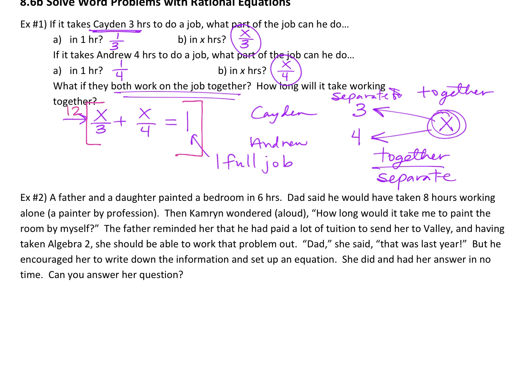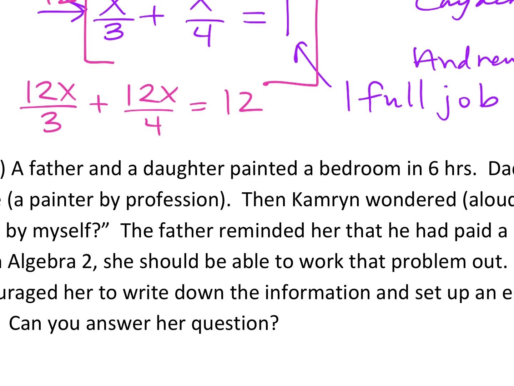So if I multiply this by 12, just your numerators, 12x over 3 plus 12x over 4 equals 12. That becomes 4x plus 3x equals 12. So 7x equals 12, and then you divide by 7.